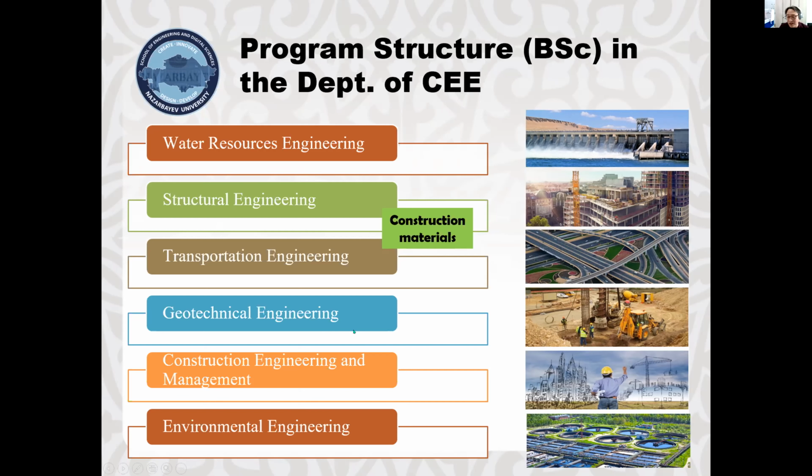Also, structural engineering. For example, if you build a very high-rise building, but you do not design it properly in terms of structure, maybe that building is going to collapse. Then it's going to be a disaster, right? So in that case, the civil engineer provides the design and does the structural part. That's structural engineering.